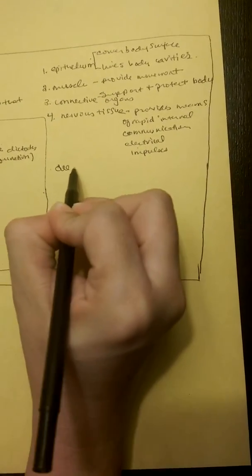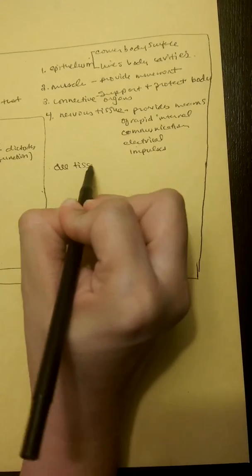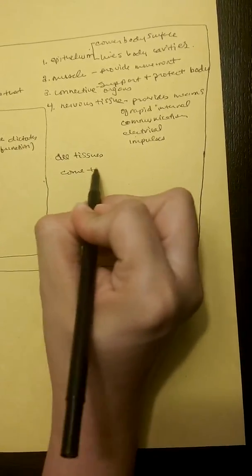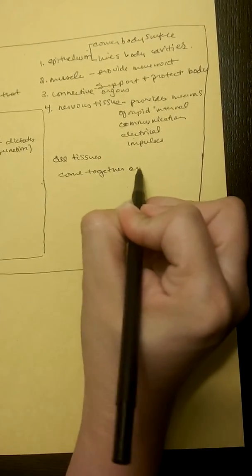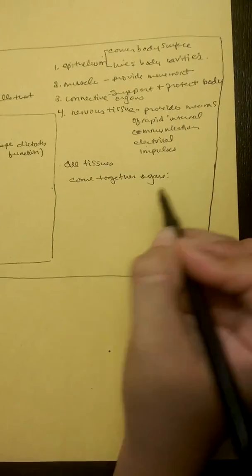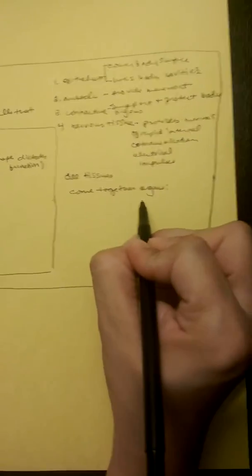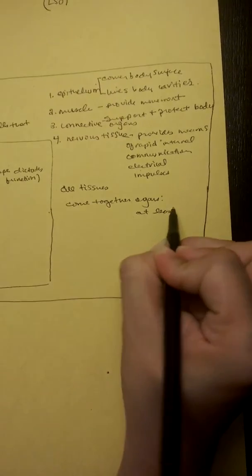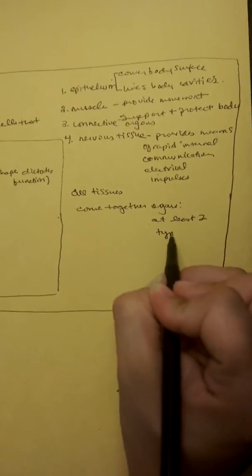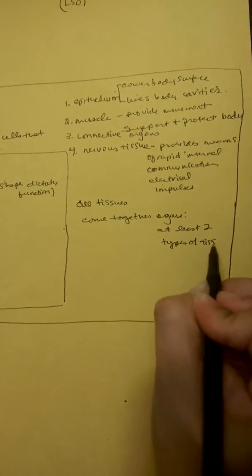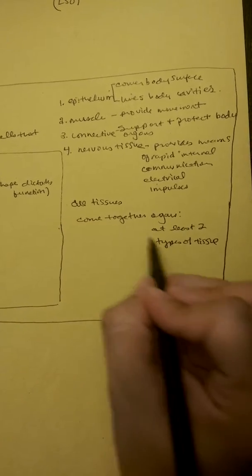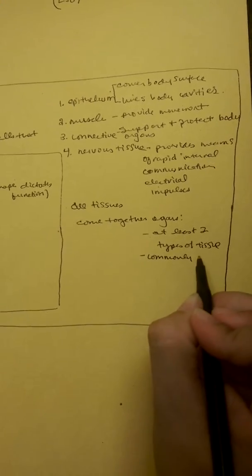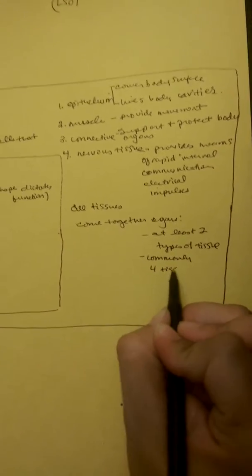So note that all tissues or groups of tissues come together to form organs. Okay, and so organs need to have at least 2 types of tissue, but commonly there's 4 tissues in an organ.